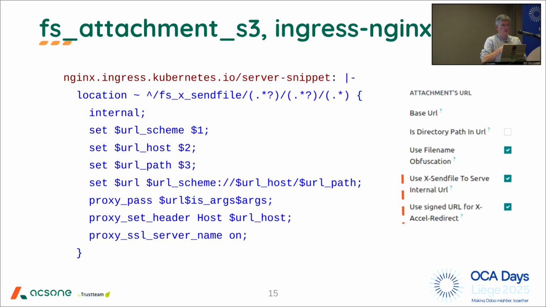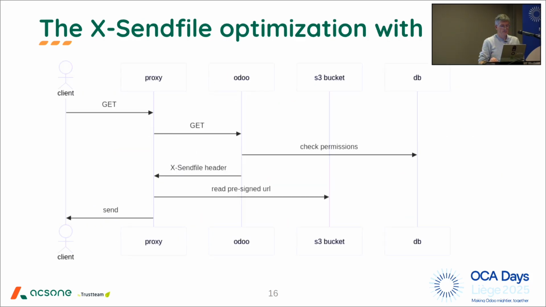This mechanism takes place only when the proxy receives something from an upstream server. It will pass the request to the S3 bucket.